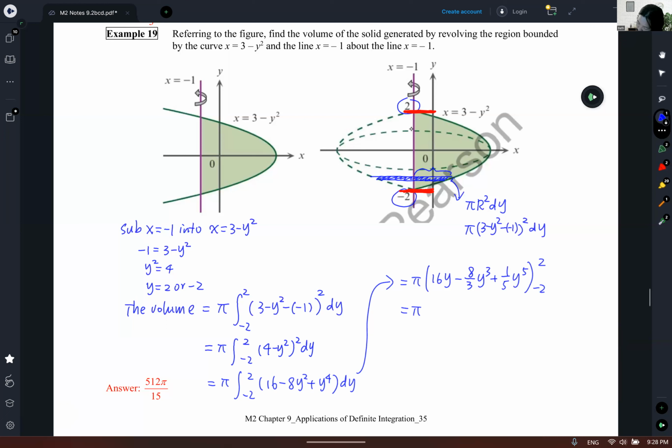And then the substitution. 32 minus 8 over 3 times 8 plus 1 over 5 times 32, minus [-32 plus 8 over 3 times 8 minus 1 over 5 times 32]. And that will give you the answer. Now you have the calculator, you should be able to do it, okay? Don't miss out the square.